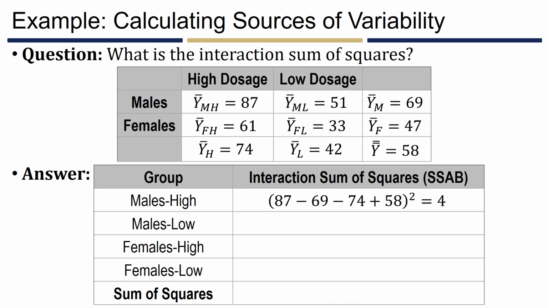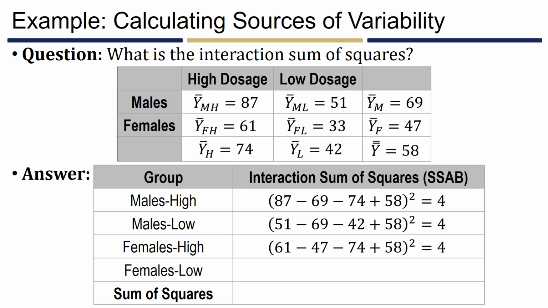Their contribution to the SSAB is going to be 4. We do the same thing for the males given the low dosage. The cell mean of 51, minus the row mean of 69, minus the column mean of 42, plus the grand mean of 58, squared, again gives us 4.